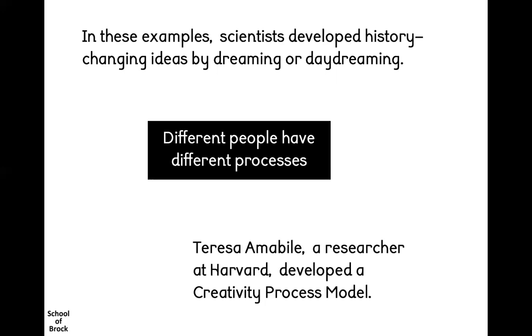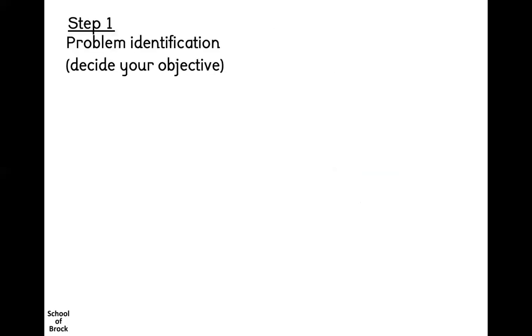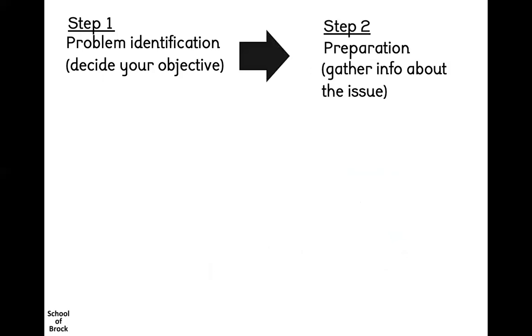Teresa Amabile, a researcher at Harvard, developed a creativity process model, which we'll see next. This is step 1, identify the problem. So decide what is your objective, what are you trying to do with this process. Step 2, do some preparation where you gather information about the issue.